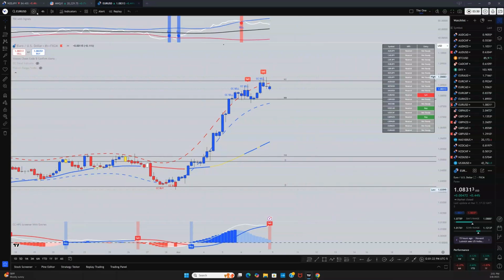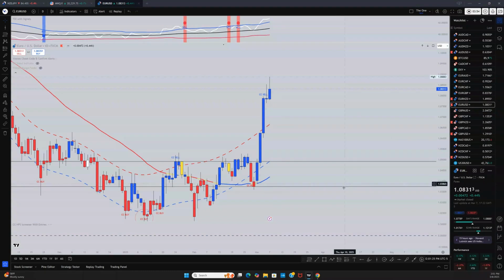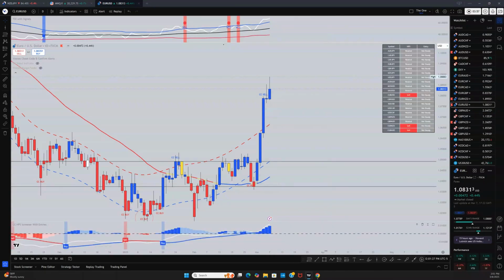Right. So let's go back to the daily time frame, because on the daily time frame, that's where we got our signal from. So on the daily time frame, we want to make sure we put our stop loss, and our target is going to be based off the daily time frame, because that's where we got our signal. So we're looking for a short position. Okay. So we can see that this Euro USD has created a high.